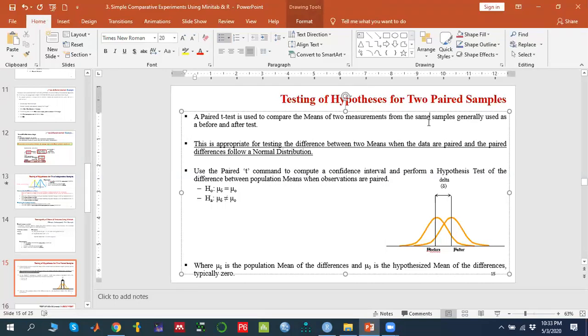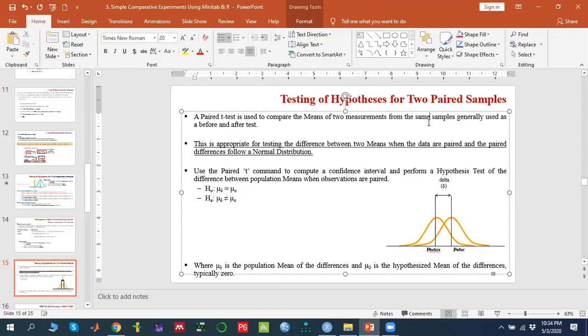Similarly, if I take the example of a pharmaceutical company, suppose we have selected 20 patients and we have given a medicine to test whether the effect of that medicine on those 20 patients is there or not. For example, that medicine is a headache medicine.